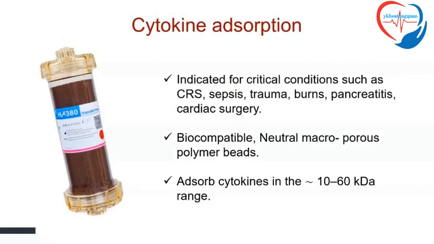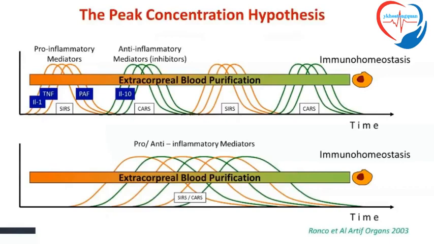So today, cytokine adsorption is indicated in critical conditions where the typical cytokine release syndrome is indeed activated. And being biocompatible, you can put this sorbent in contact with blood, absorbing cytokines and solutes in the range up to 60 kilodalton. Our hypothesis, put forward many years ago, was called the peak concentration hypothesis.